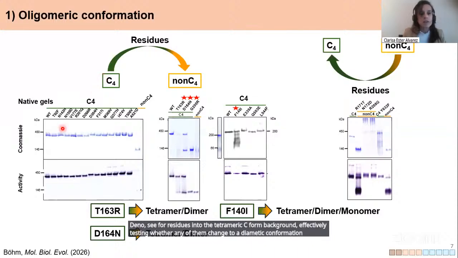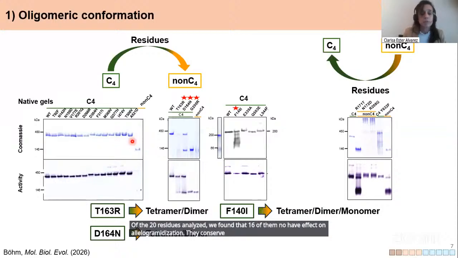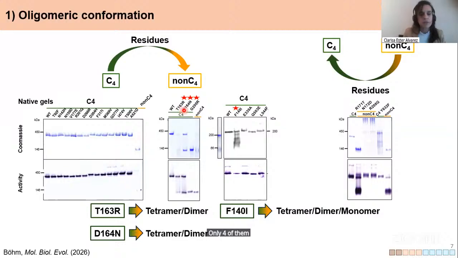Of the 20 residues analyzed, we found that 16 of them have no effect on oligomerization. They conserve the tetrameric oligomerization. Only 4 of them, marked with red stars, destabilize the tetramer.